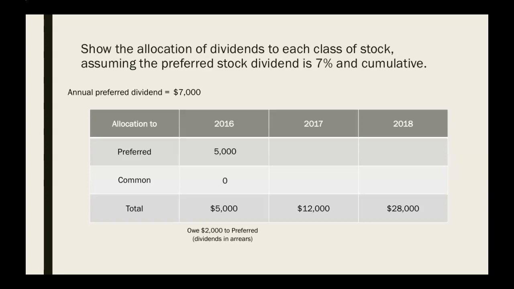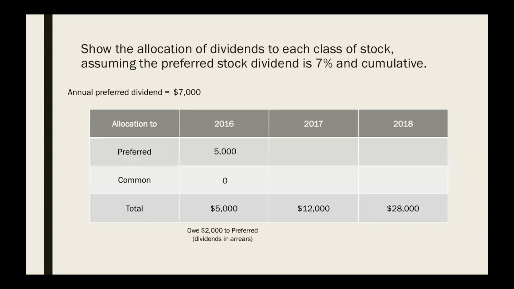So since it's cumulative, that $2,000 is going to have to be paid to them in the future. If we were told that this is 7% and non-cumulative, that means that if preferred shareholders miss out on $2,000 of dividends, they miss out on that money forever. But here, they're lucky, it's cumulative, they get this money later on.